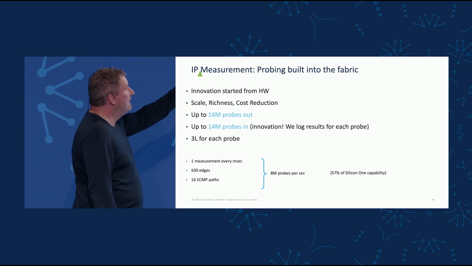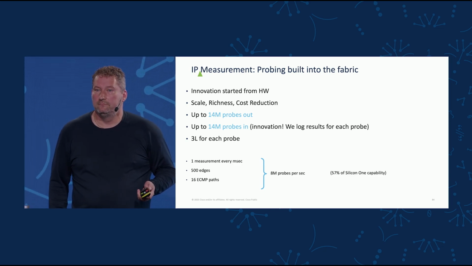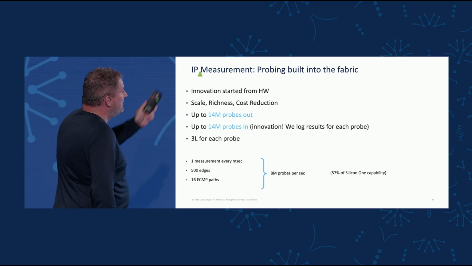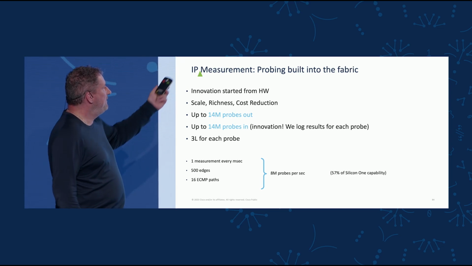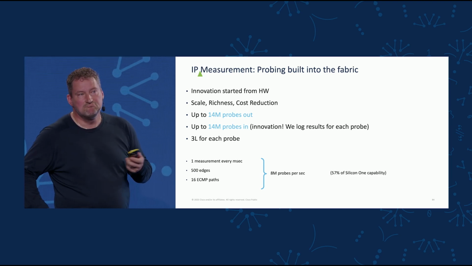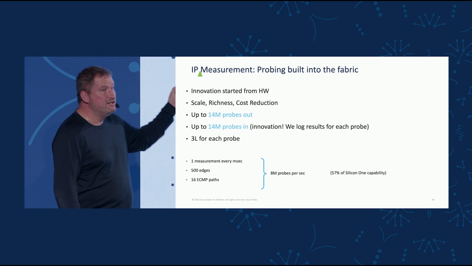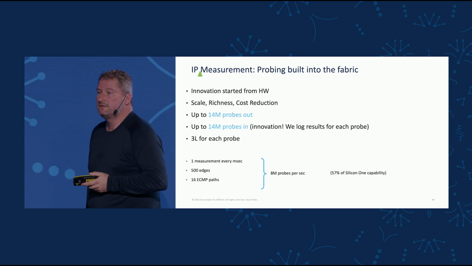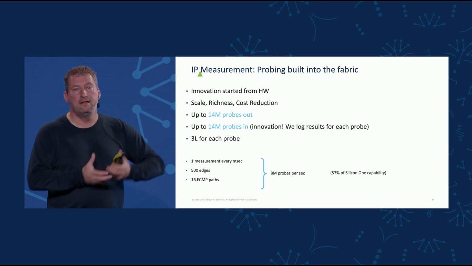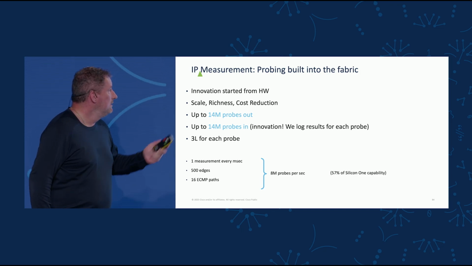It provides scale, richness, and obviously cost reduction because it lives on the router. The innovation here is not exactly the fact that Silicon One can pump out 14 million PPS. Where the innovation is, is how do we inject and log those probes at 14 million PPS and then provide the granular experience, the scale and the richness that we talked about.